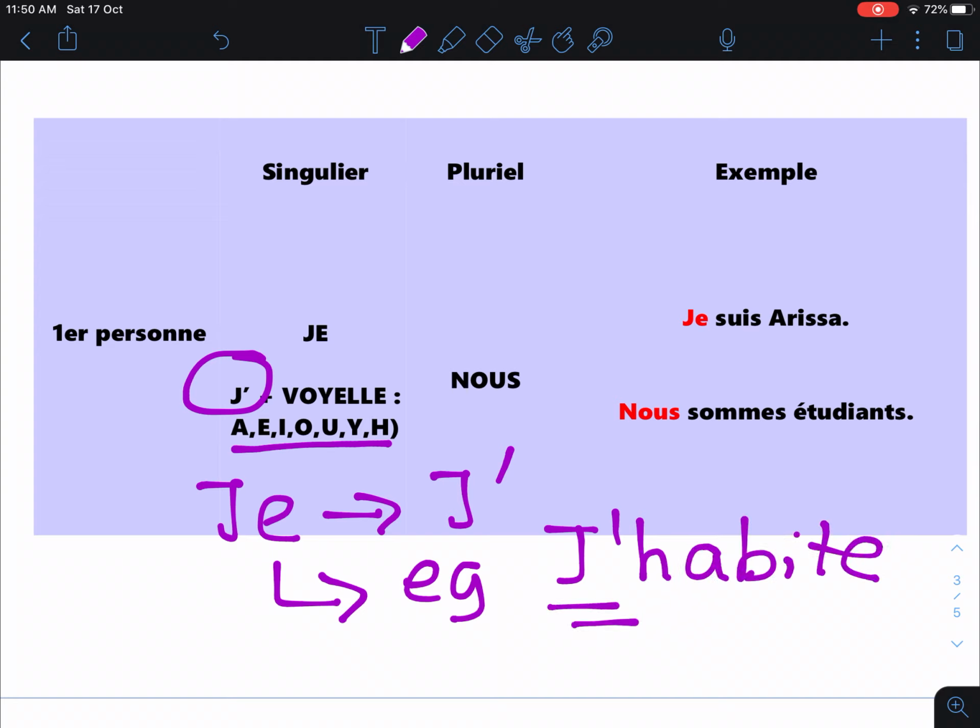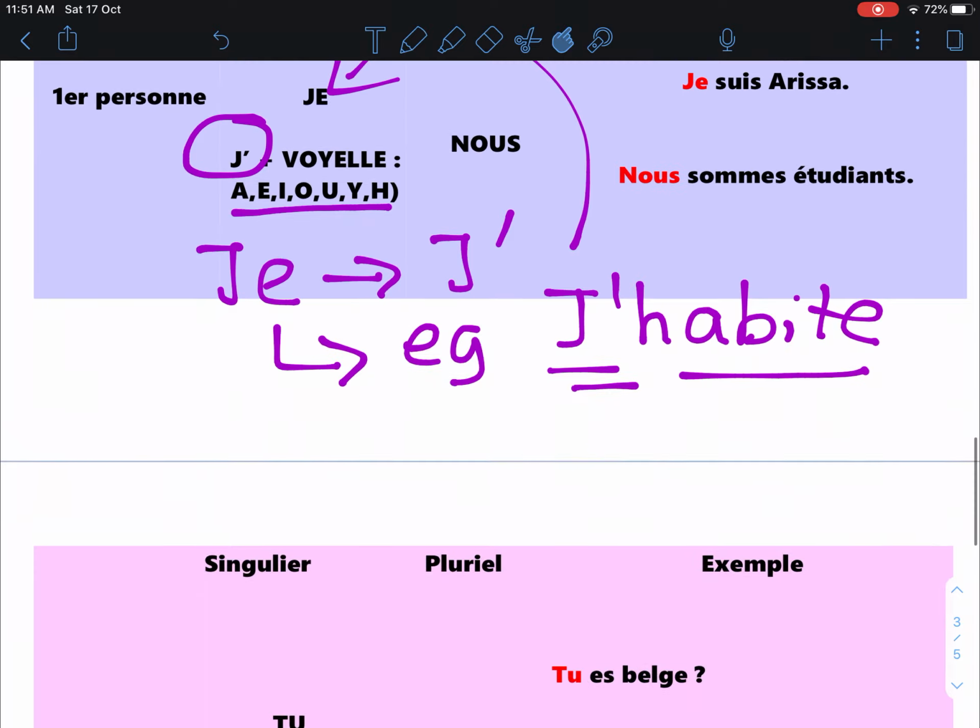This actually comes from J apostrophe. But because of this verb habite, it starts with a vowel H, you have to use J apostrophe. You cannot say je habite. It doesn't sound right in French. It has to be j'habite. Alright. Let's move to the next one.